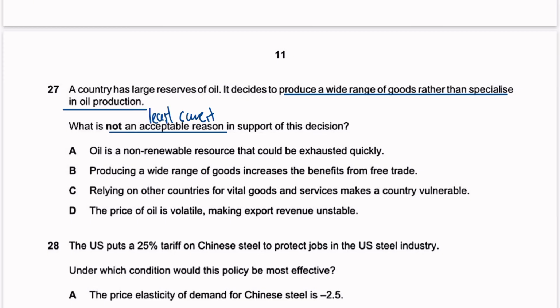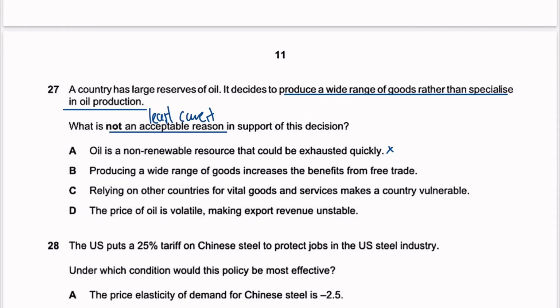Yes, because since these resources will run out quickly, only focusing on this industry will make the economy vulnerable. This is why you need to produce a wide range of goods, so that you are not dependent on only one industry. So yeah, this is correct. If I say this is correct, it means that this is not the answer, because we want to find the answer that is not correct.